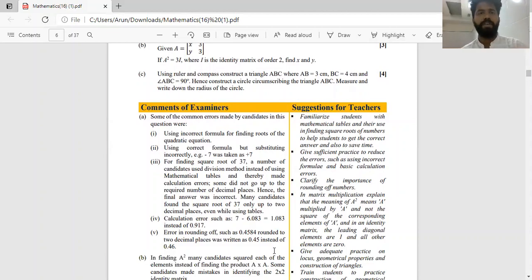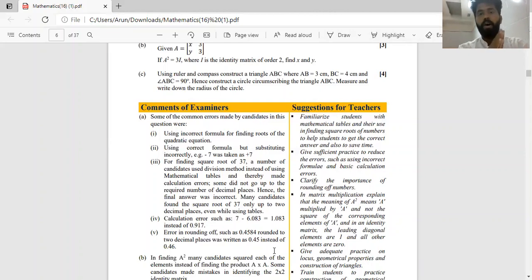So what suggestions do we have for you all? First of all, familiarize yourself with mathematical tables and their use in finding square roots. You should be thorough with how to calculate square roots using these mathematical tables. Then give sufficient practice to reduce the errors, so practice as much as you can.